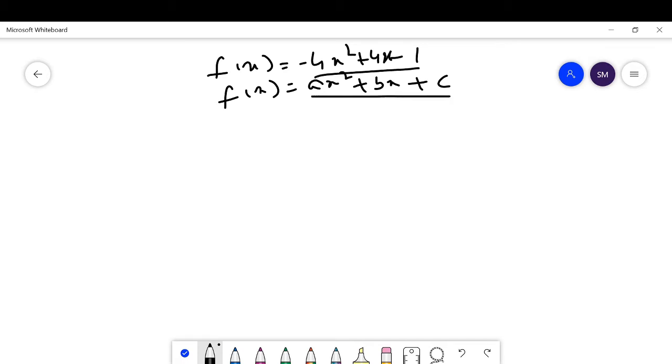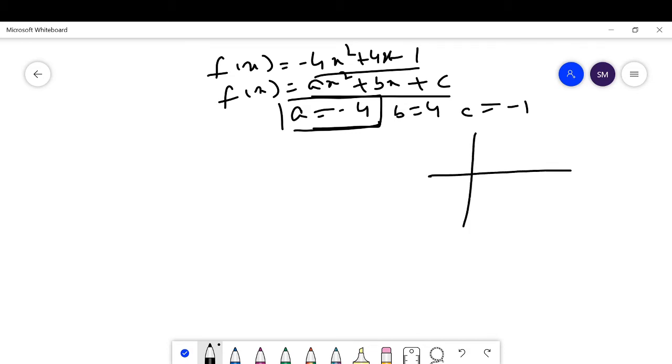Comparing, a equals minus 4, b equals 4, c equals minus 1. When a is negative, the parabola opens towards the downside.